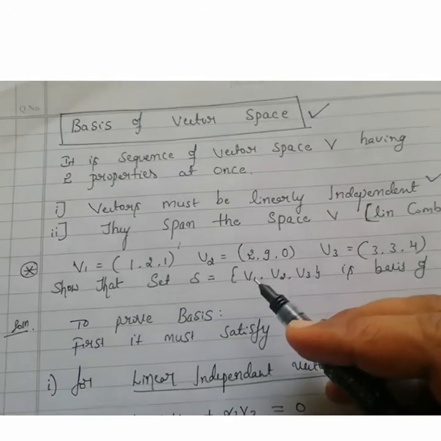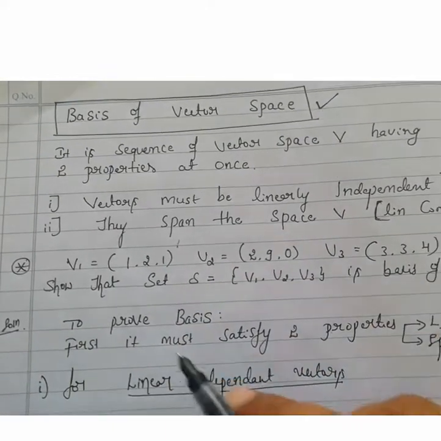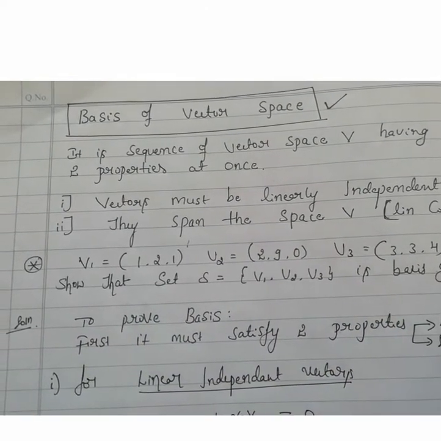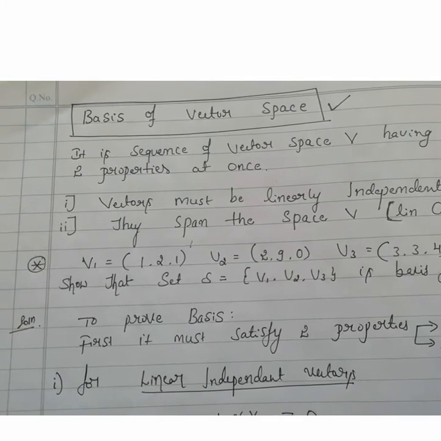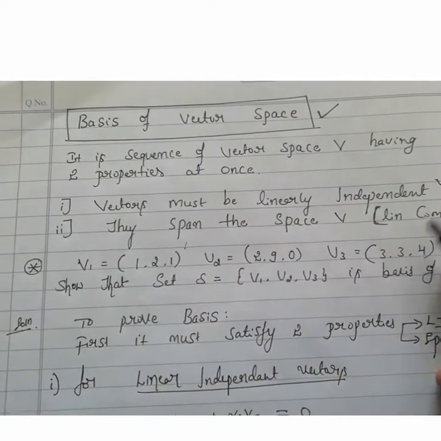Next, I have taken one problem consisting of the three vectors v1, v2 and v3: show that the set v1, v2, v3 is a basis of R3. What does 3 stand for here? The three elements: first element, second element and third element.